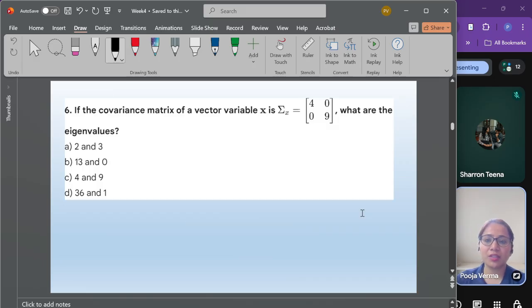Now the next question is: if the covariance matrix of a vector variable x is given as 4 0 0 9, what are the eigenvalues? Can you calculate the eigenvalues if the covariance matrix is given?